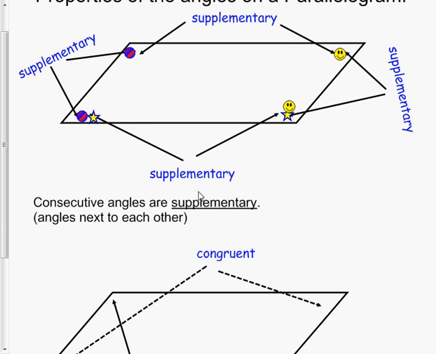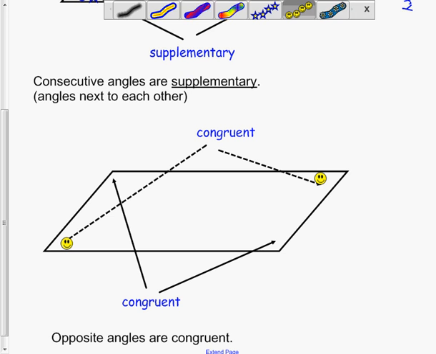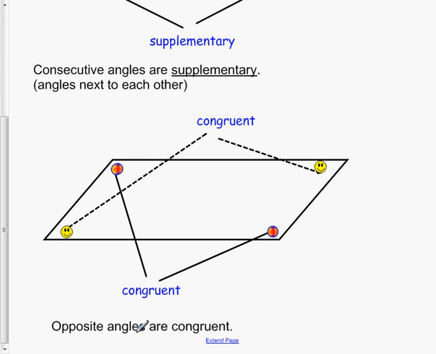And then the angles that are across from each other, like this one and this one, are congruent. Same thing with these two angles. So the angles across from each other, the opposite angles, are congruent, and the consecutive angles are supplementary.